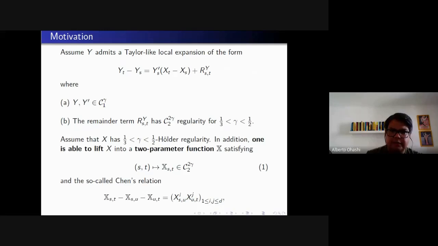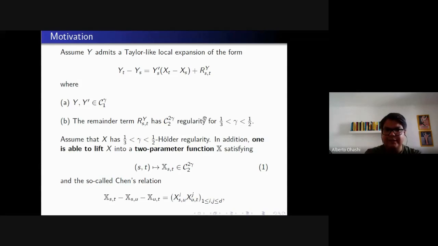Y prime is a Hölder continuous function with regularity gamma, the same regularity as the driving noise. And then C1 gamma is the usual vector space of Hölder continuous functions of one parameter. And the remainder term here, R^Y, is a function of two variables, and it has C2 gamma regularity. When gamma, let's say, is between 1/3 and 1/2.